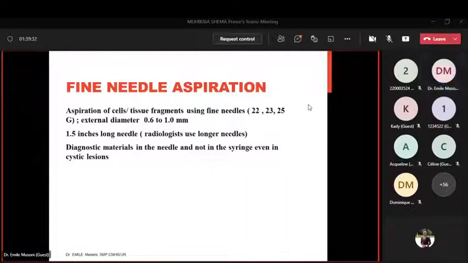Another technique used in cytology is fine needle aspiration. I like fine needle aspiration in the diagnosis of extrapulmonary TB in the lymph node. Here, maybe we can find 3 cases per week of TB diagnosed by fine needle aspiration.